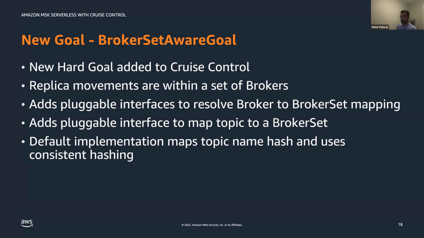It's at replica level, not at topic level. So at a granular level, you can decide how your replica has to be mapped to a broker set. And the default implementation of topic to broker set mapping does topic name hash based mapping to a broker set and uses consistent hashing just to minimize the movements.